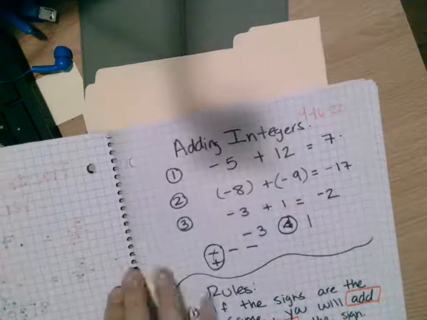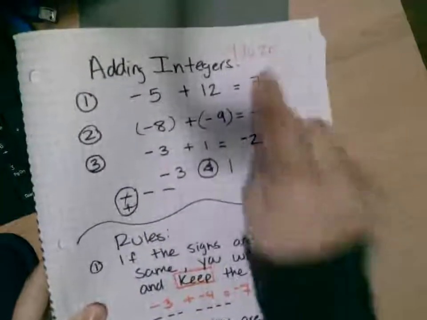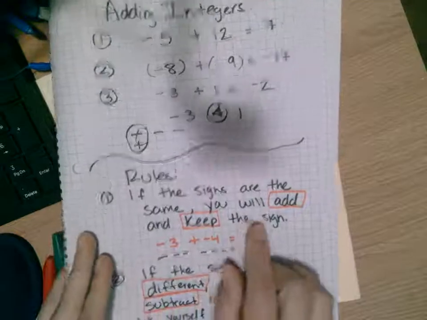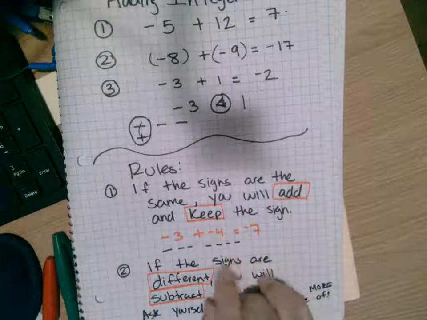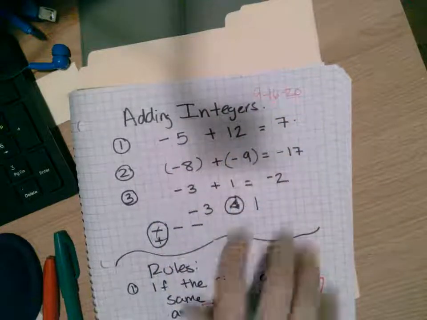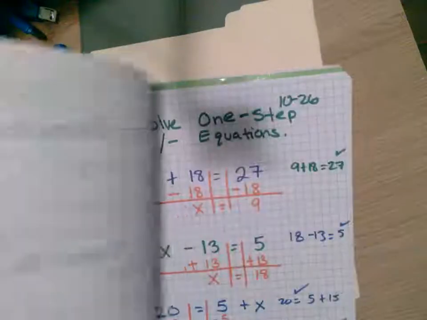We were kids. September 16th, we learned the rules for adding integers. If they're the same, you add and keep. If they're different, you subtract. So you might need to go back to September 16th and review how to add integers, which means adding negative numbers. And that's what you're going to be using for today.